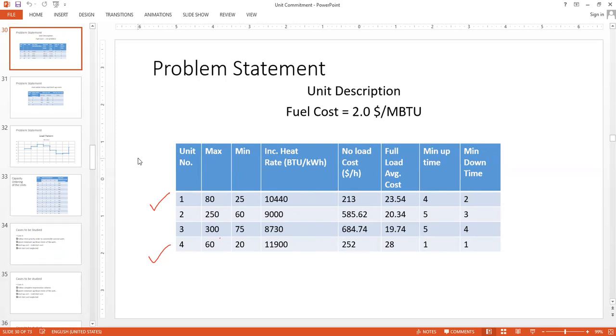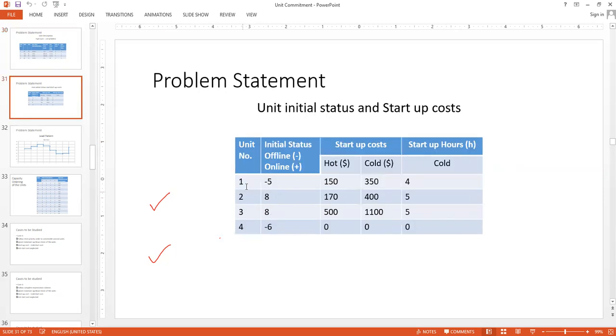Because it is 5 hours, higher than 4 hours, when we start it, the cold start cost would apply. So what would be the scenario when we have to consider the hot start cost?